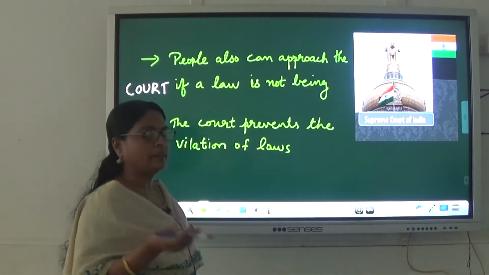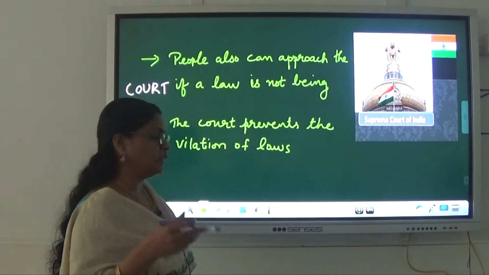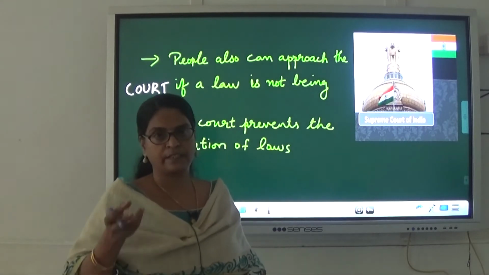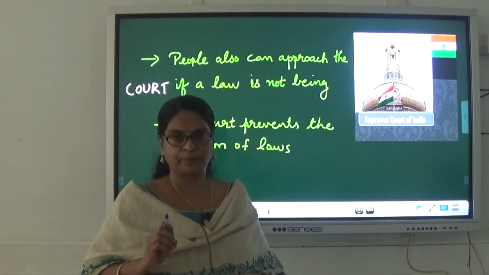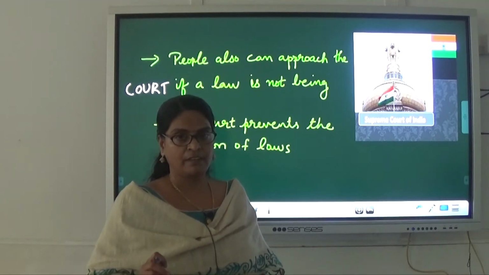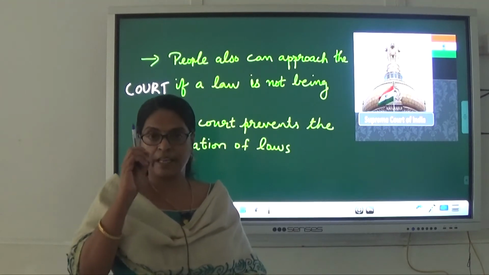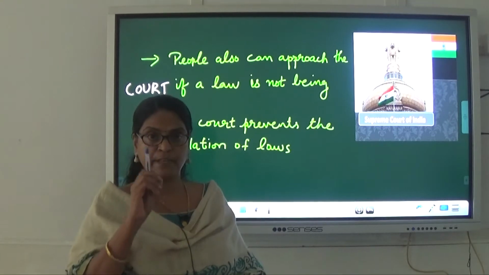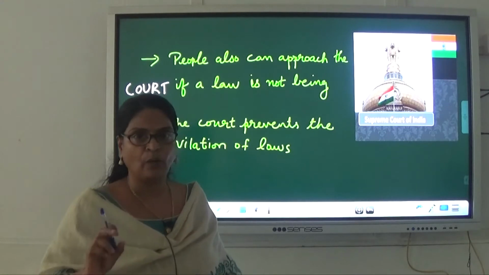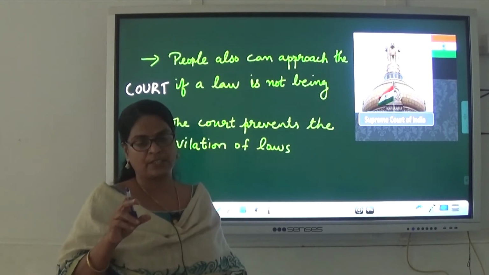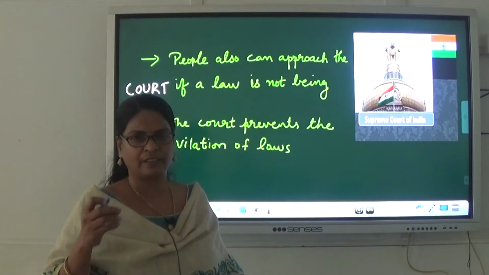For example, if any person is denied a job considering his religion, the law in India says that every person should be treated equally before the law. There should not be any discrimination among the people on the basis of their caste, religion, creed and color.